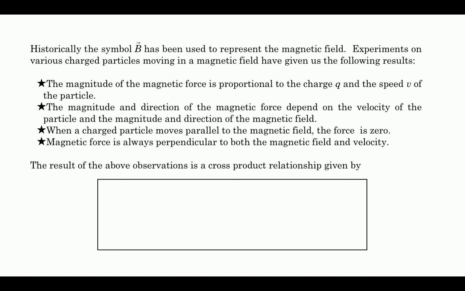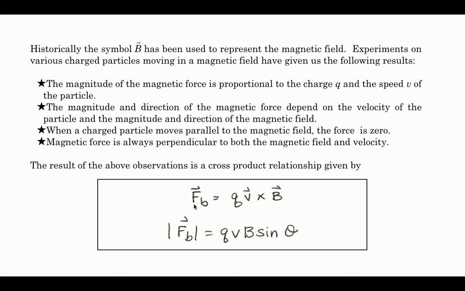What we can summarize all this as, and we're not going to derive it because at this point there's no sense in deriving it, the derivation takes some pretty complex algebra that you'll probably learn as you get further into a course on vectors. But the result of all of these observations is evident in a cross product. We've seen the dot product before as a way of multiplying two vectors. The cross product is another way of multiplying two vectors.